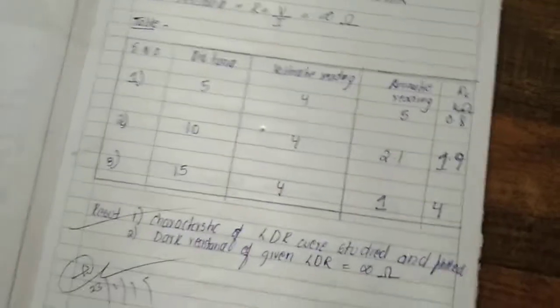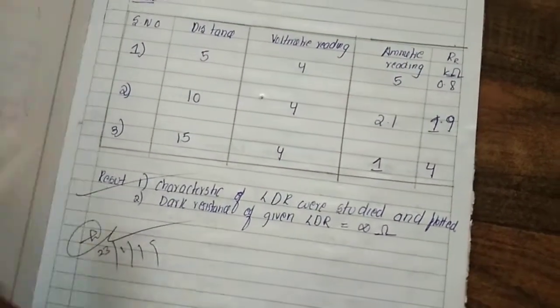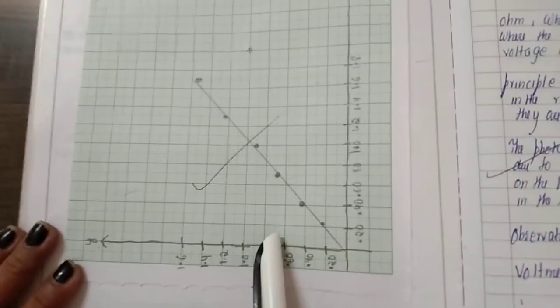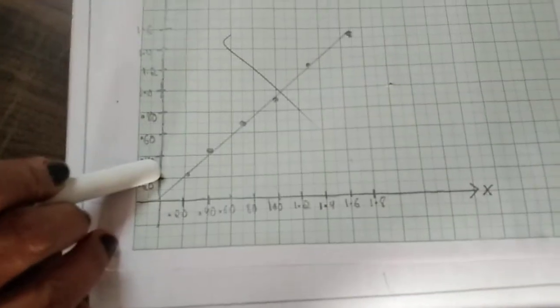By this calculation you will get the dark resistance as infinity, and LDR characteristics will be plotted as shown in the graph. Okay. Now let us come to know what is dark resistance. For the dark resistance you have to switch off the power supply. This is the graph that I am showing you over here.